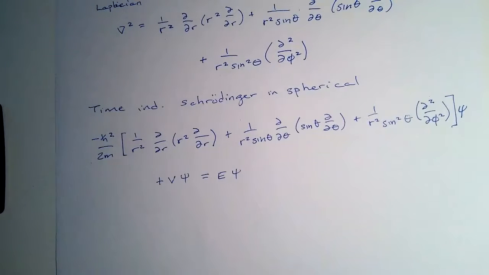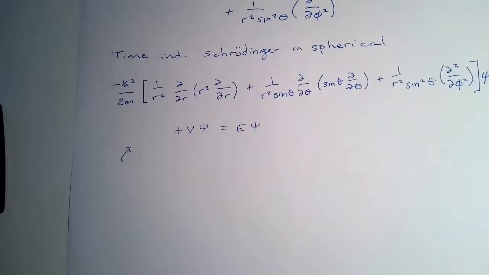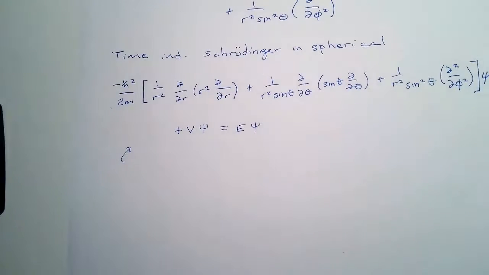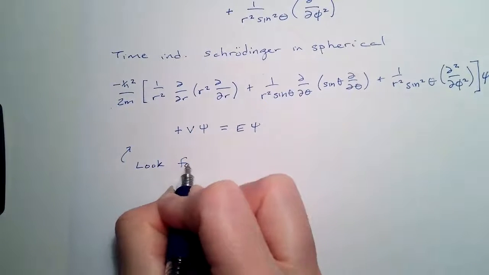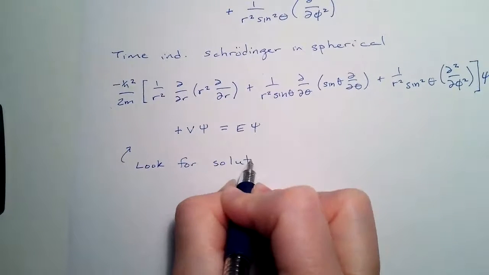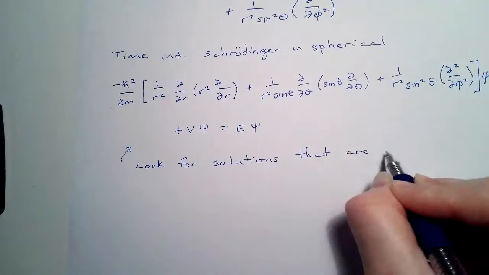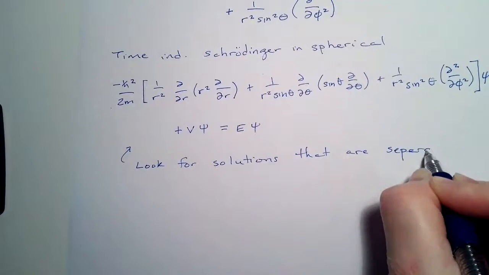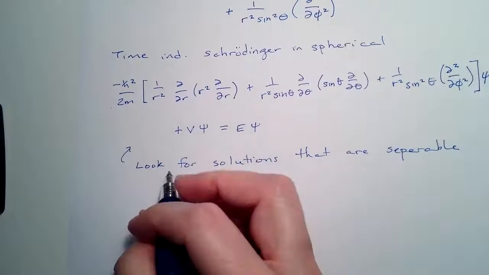Fun and exciting. So what we want to do for this Schrodinger equation is look for solutions that are separable. And by that, I mean separable into products.